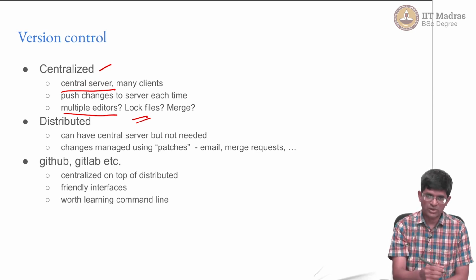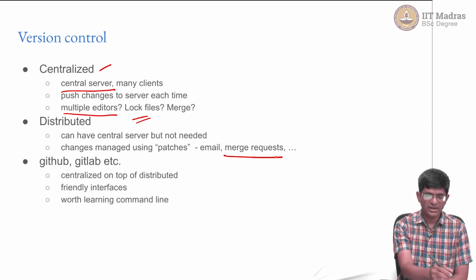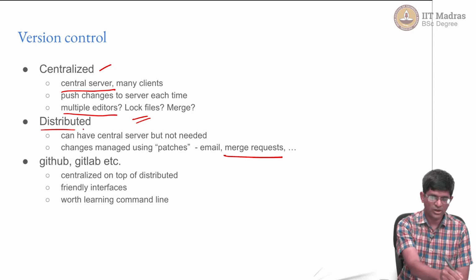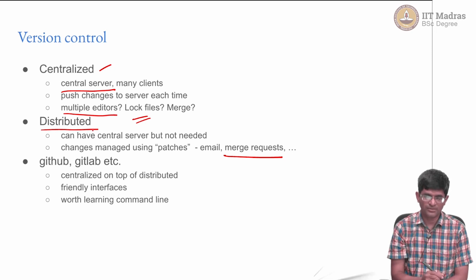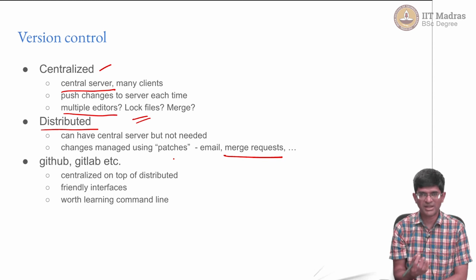The other approach that was taken by Git is that everything is done using so-called merges, right? Branches and merges, okay? So this follows something called a distributed form of version control, right? You can have a central server if needed, but it's not required, and that's the main point. And changes are managed by essentially people exchanging what are called patches. That exchanging could be done over email or through a centralized server, right?